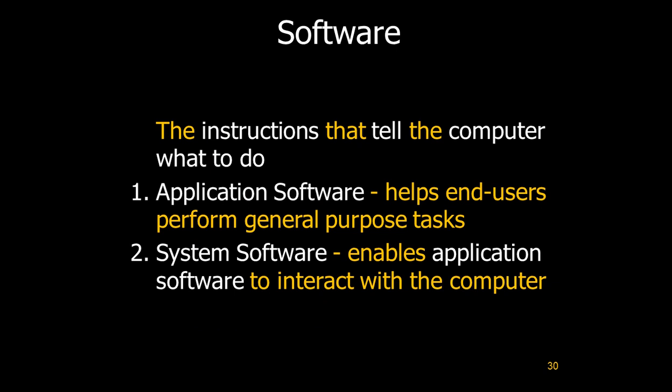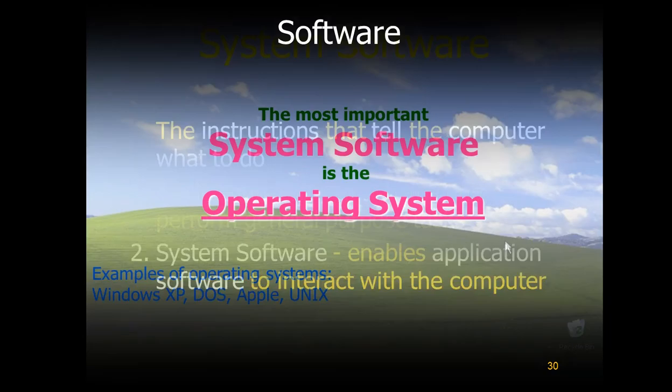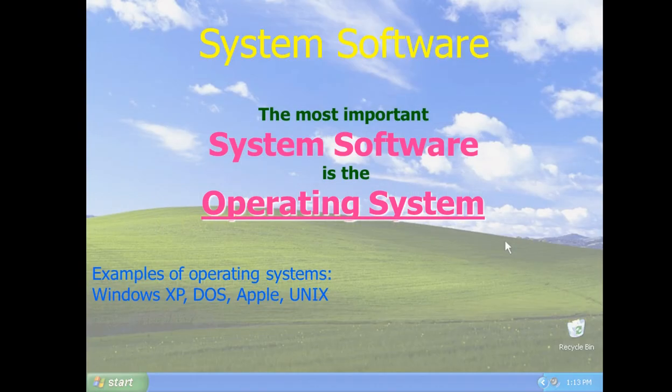Let's look at software now. These are instructions that tell the computer what to do, and I've got two examples of software: application software and system software. The most important system software is the operating system, because it is a platform where everything else can run.